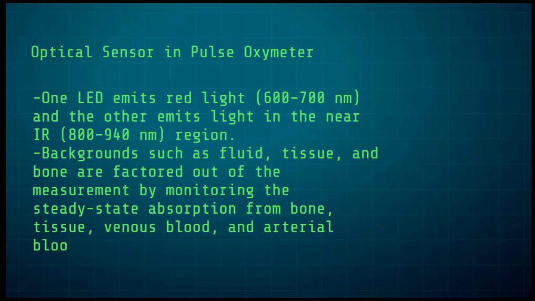In a pulse oximeter, a clip containing 2 LEDs and a light sensor is placed on the patient's finger. The clip is connected by a cable to a microprocessor unit. The LEDs are rapidly and sequentially pulsed, and the detector is synchronized to capture the light from each LED as it is transmitted through the tissue.